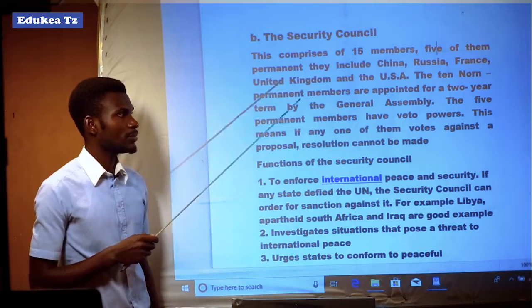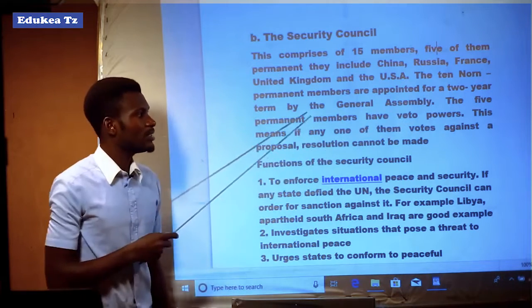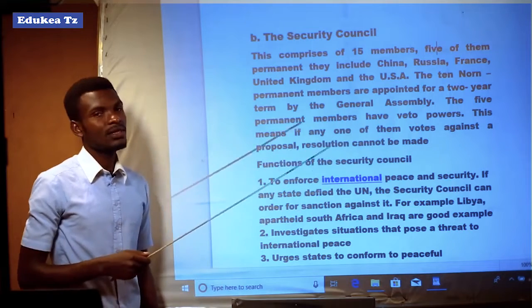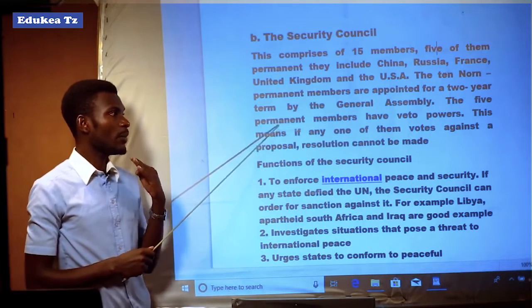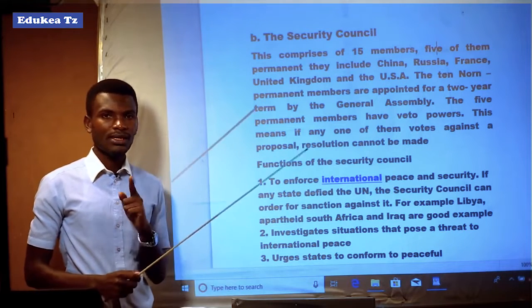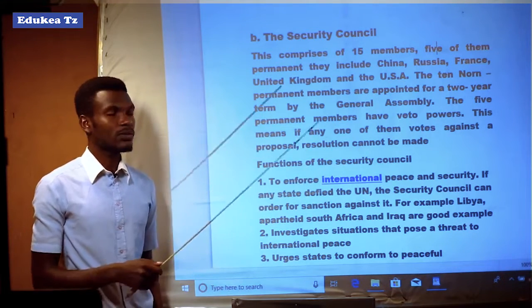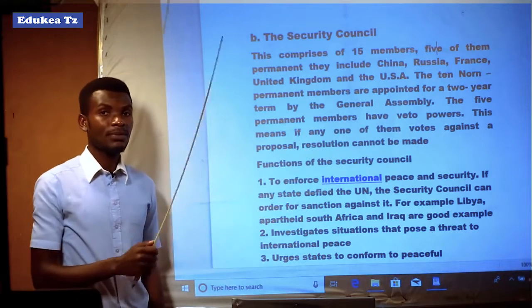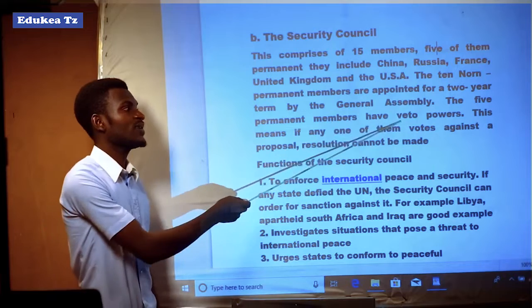The 5 permanent members have veto power. When one country denies something from being done, that decision must be reconsidered. So we call that veto power.